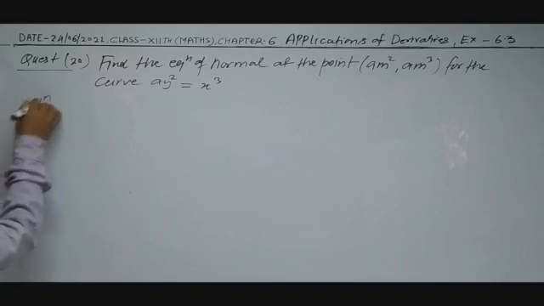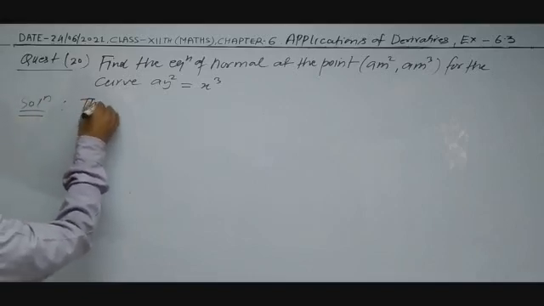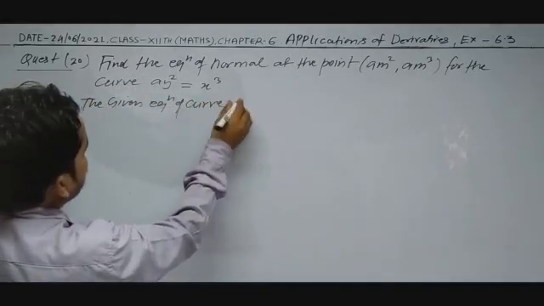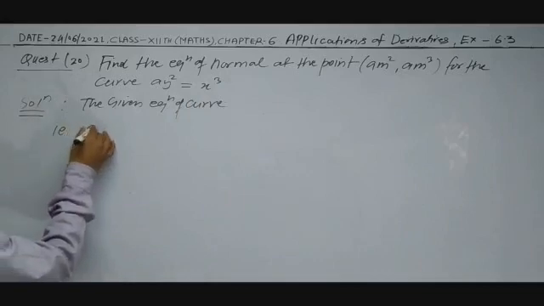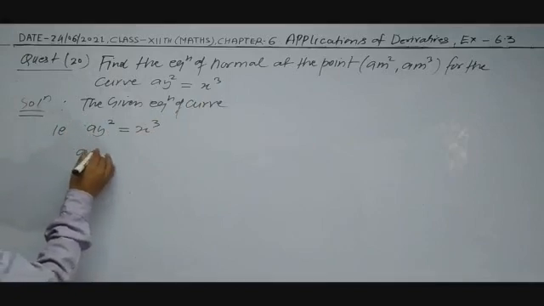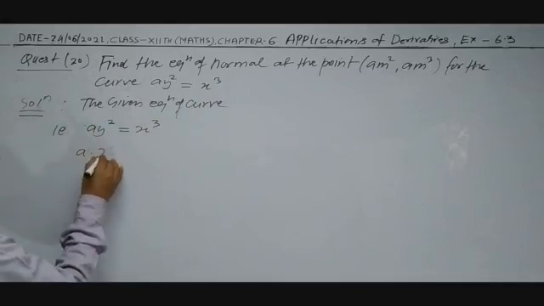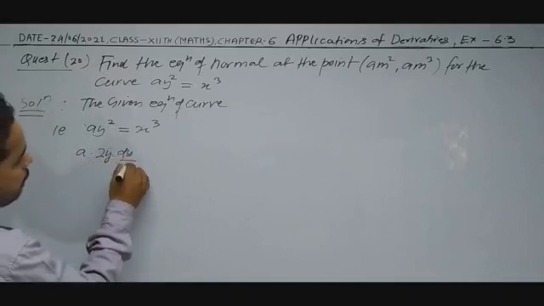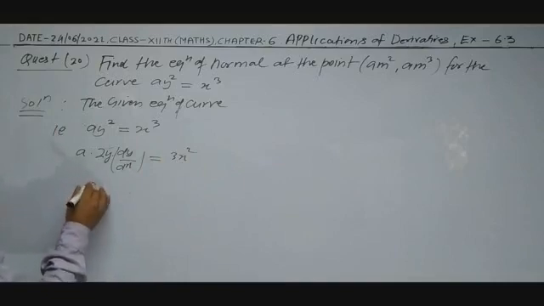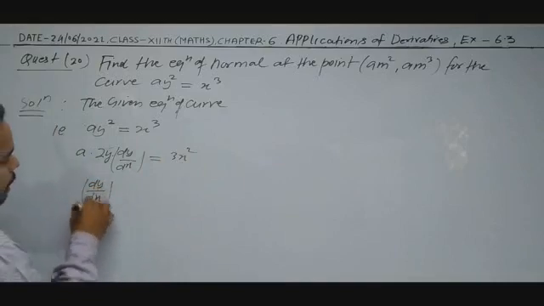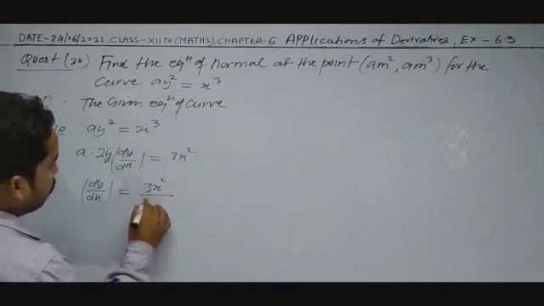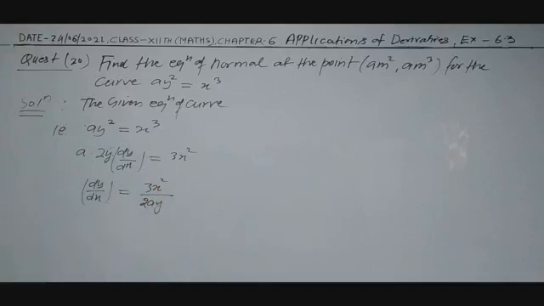So first of all, write down the given equation of curve, that is ay square is equal to x cube, and when you differentiate with respect to x, the result will be 2ay dy by dx is equal to 3x square. So dy by dx is equal to 3x square upon 2ay.